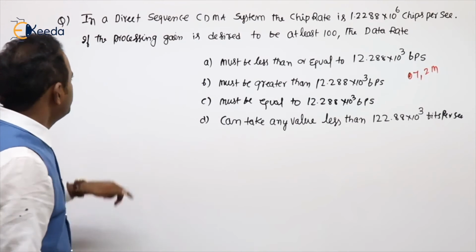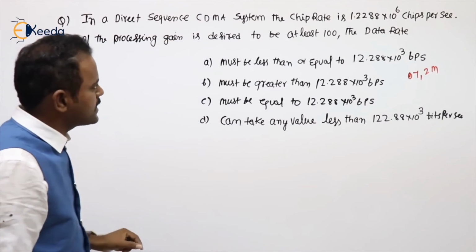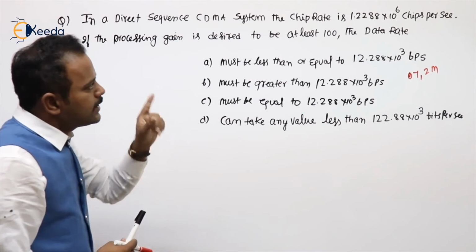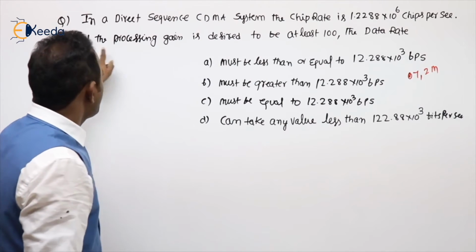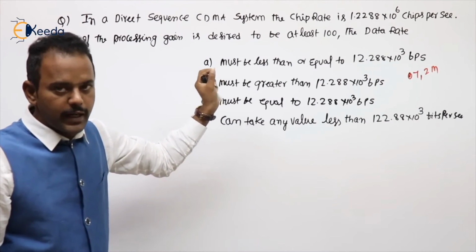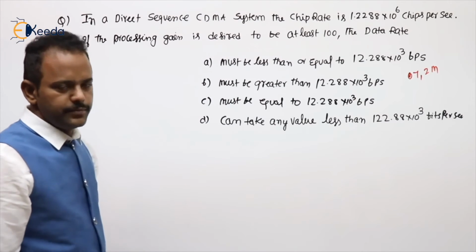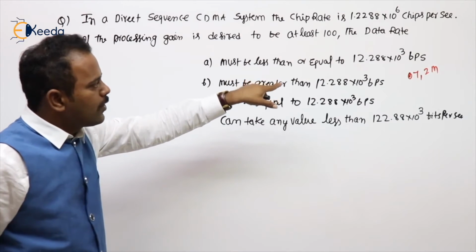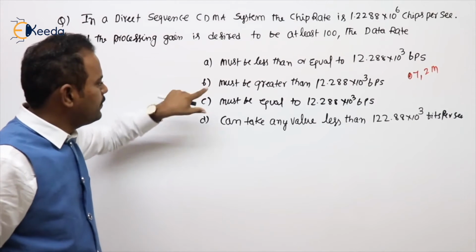See the next problem. In a direct sequence CDMA, code division multiple access system, chip rate is 1.2288 into 10 power 6 chips per second. If the processing gain is desired to be at least 100, more than that is preferred, the data rate is: option A must be less than or equal to 12.288 into 10 power 3 bits per second.